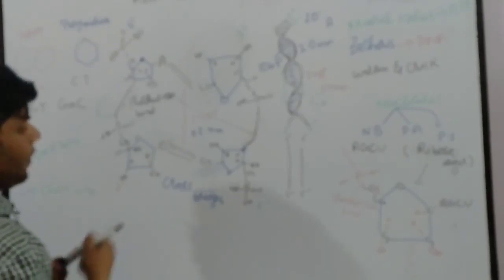Adenine makes a bond with uracil in this case. Here is OH, and cytosine and guanine, everything is fine. This is the RNA structure. As it is a single strand, one strand will go from 5' to 3'.